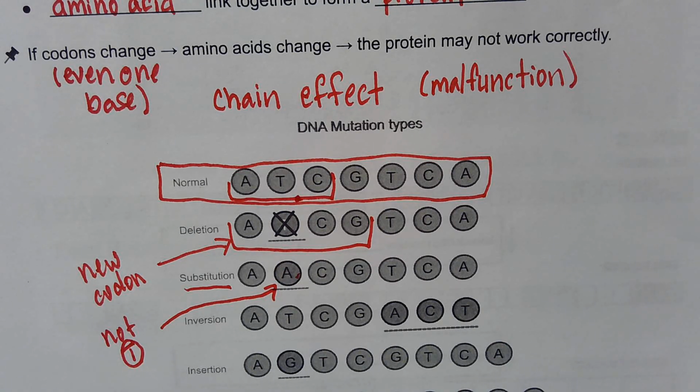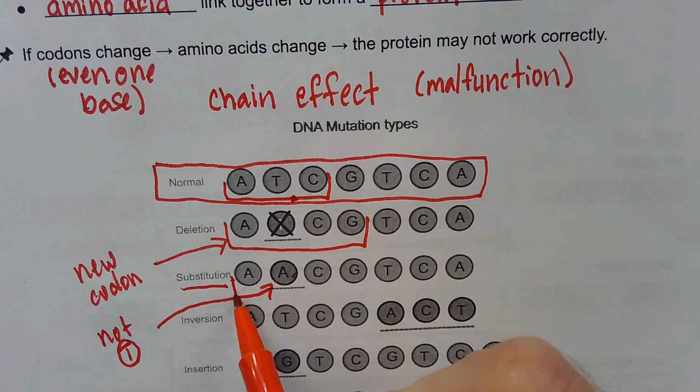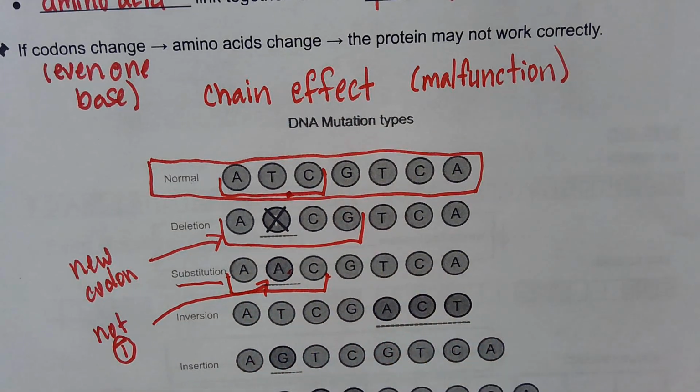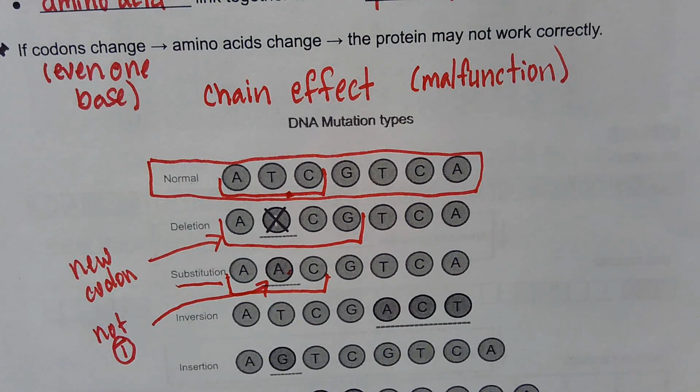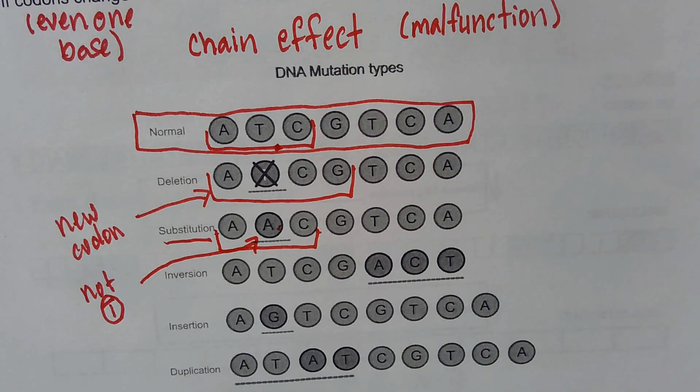Does the codon change? It's supposed to be ATC. That's normal. Now it's AAC. It's going to give you a different amino acid, which means it's going to give you a different protein. If one amino acid changes, the whole protein changes.